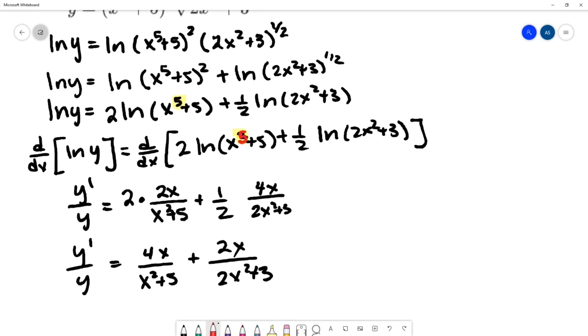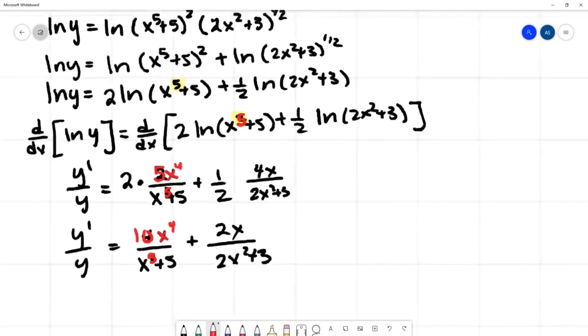So this should be x to the 5th plus 5. And then also when I calculated the derivative, instead of it being 2x, it should be 5x to the 4th. So this should be 5x to the 4th here, making this 10x to the 4th. Thank you for helping me correct that.